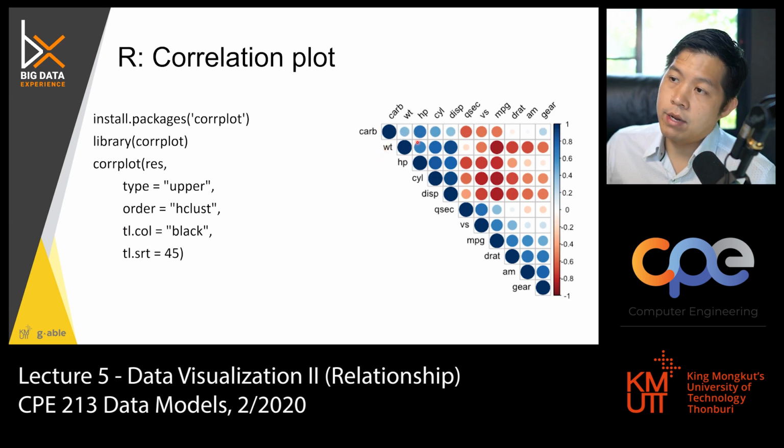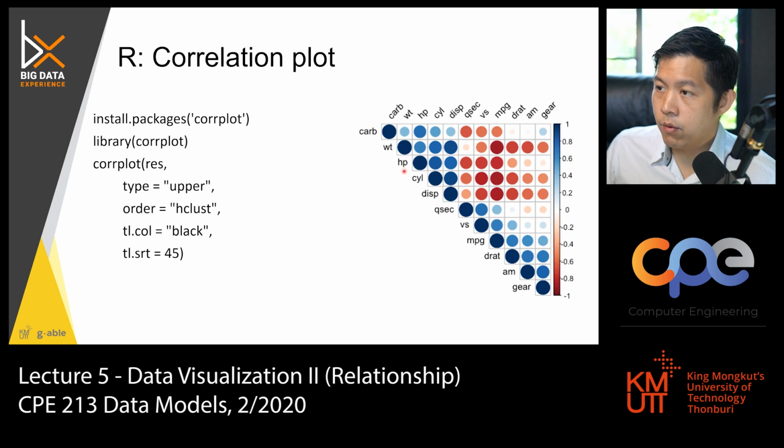For this one, you will know that, say, MPG here is negatively correlated with these four variables: the weight, the horsepower, cylinder, and displacement, the size of the car. And MPG is positively correlated with these two variables, with AM, right?